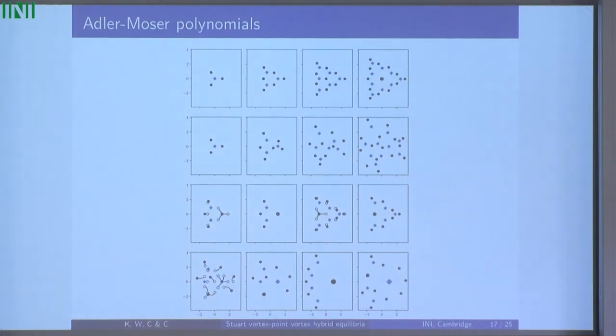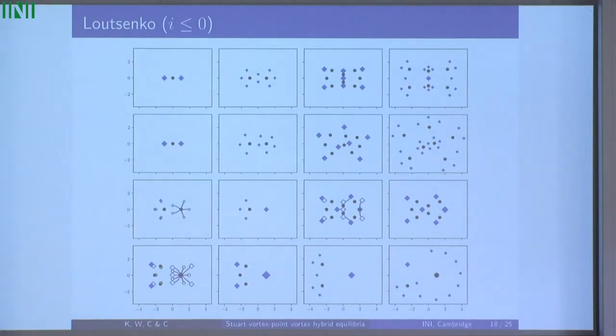There's interesting stuff happening here, but I'll skip those. And then you have the Lutsenko hierarchies. I should explain: the black dots here correspond to vortices with negative strength. The blue diamonds are positive strength, and the size reflects their strength.